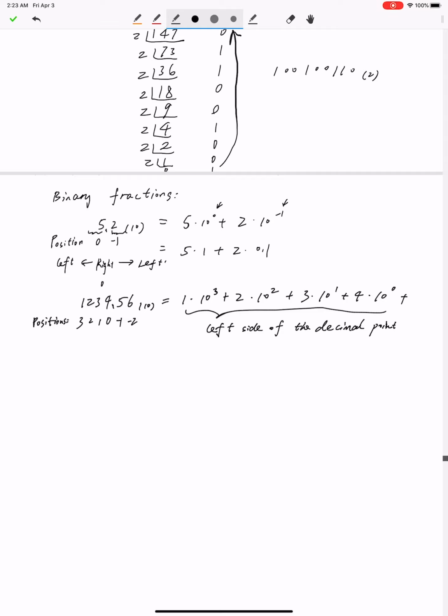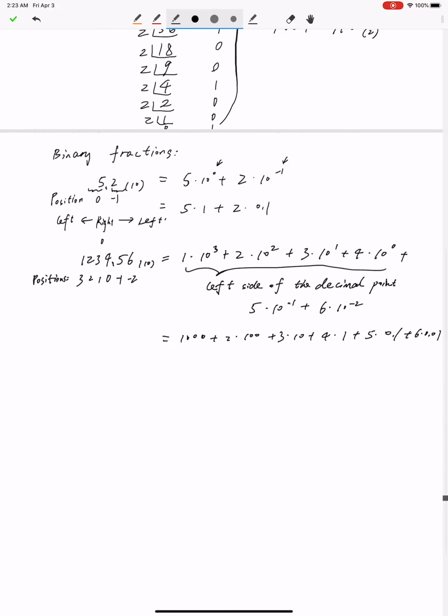We also have the right side of the decimal point, and they are 5 times 10 to the power -1 plus 6 times 10 to the power -2. Right. And you sum them together, that is 1000 plus 2 times 100 plus 3 times 10 plus 4 times 1 plus 5 times 0.1 plus 6 times 0.01.